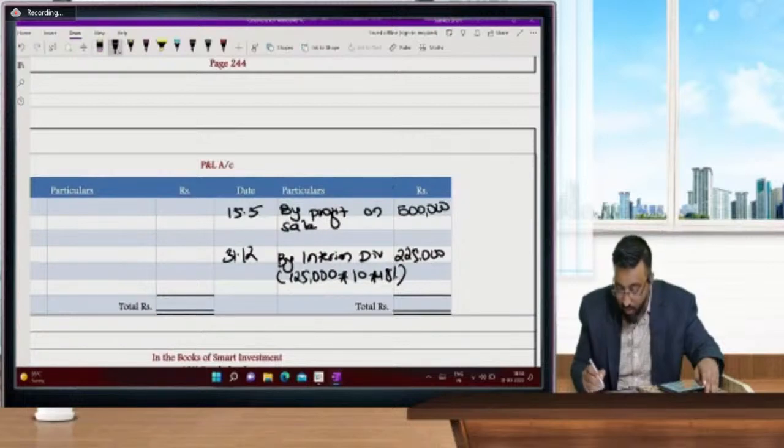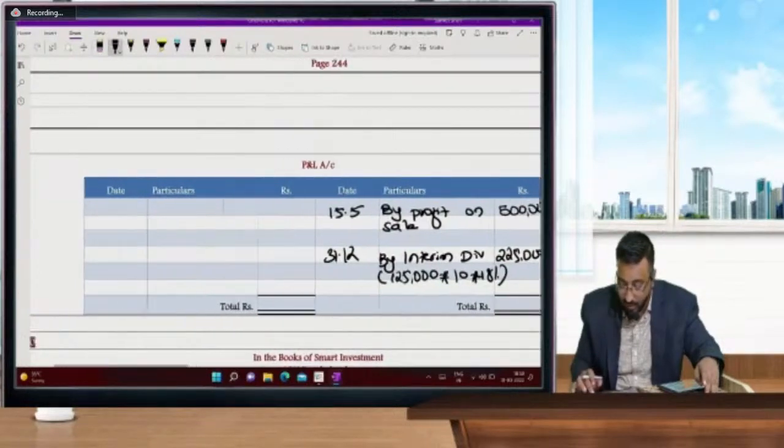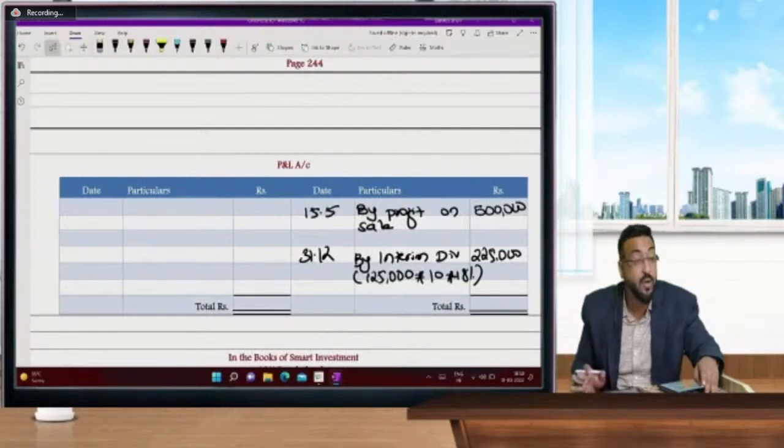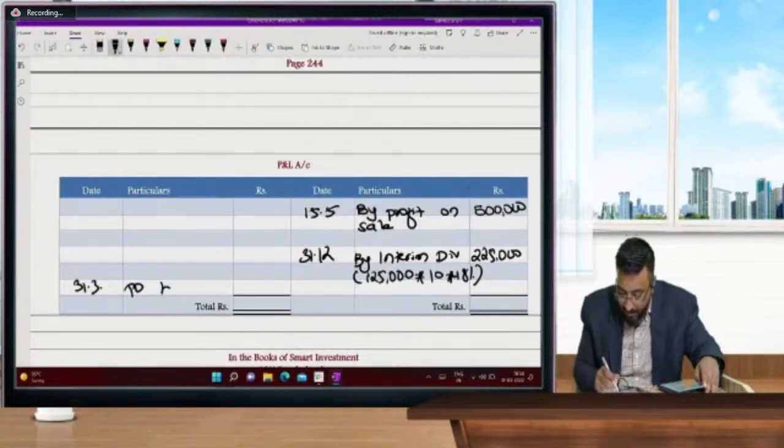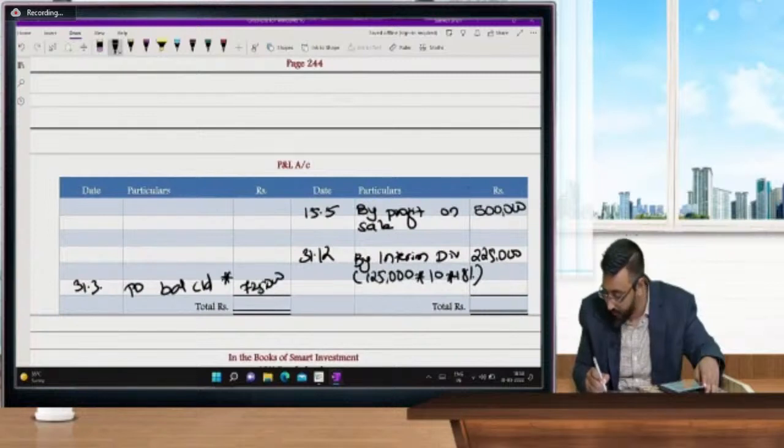On 31st of December. There is no pre and post acquisition for interim dividend. It is for final dividend. So 31 March, to balance carried down 7,25,000.